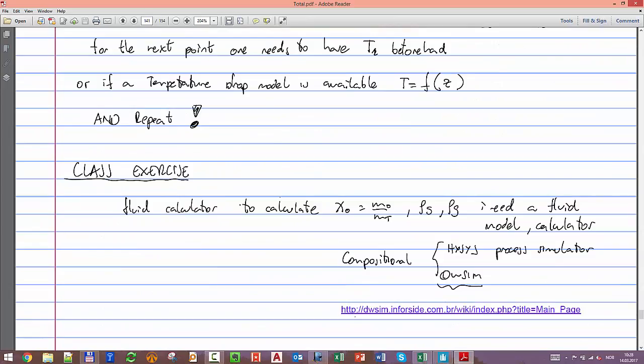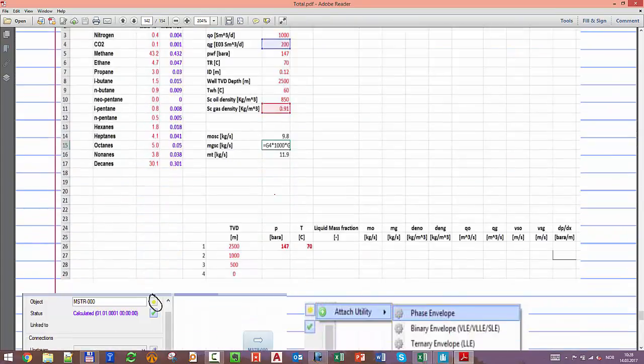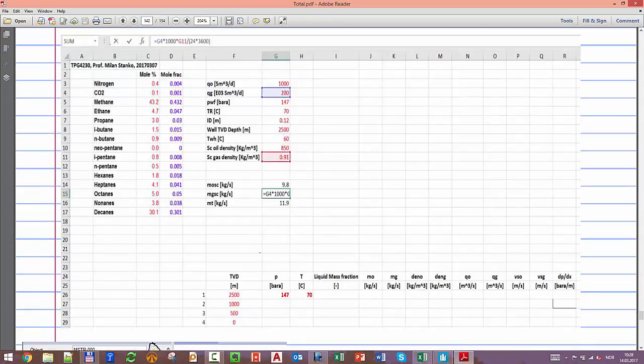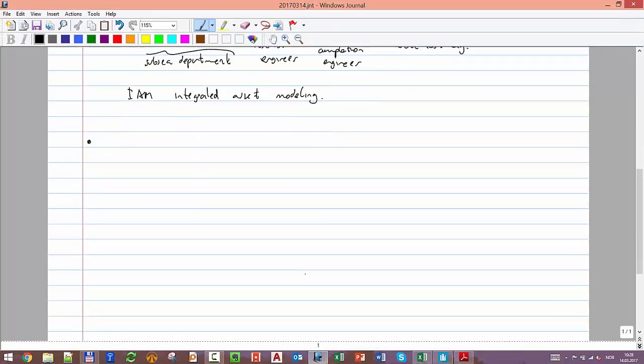Okay. So I said, well, let's make a class exercise, and the class exercise is just a vertical well of 2.5 kilometers depth. So let me just refresh that maybe.